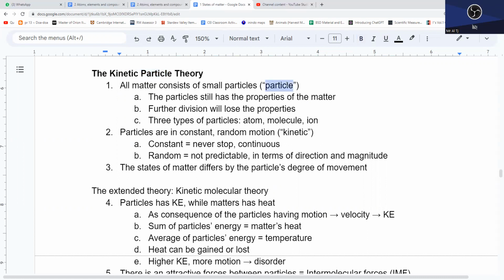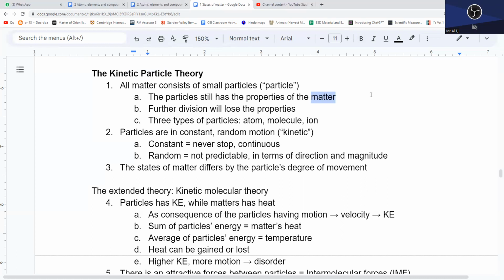This is the particle part. There are three types of particles here: atoms, molecules, and ions. Later we will talk about them. We call it a particle if it still has the properties of the matter. So for example, there is a particle of water that behaves like the water we know.